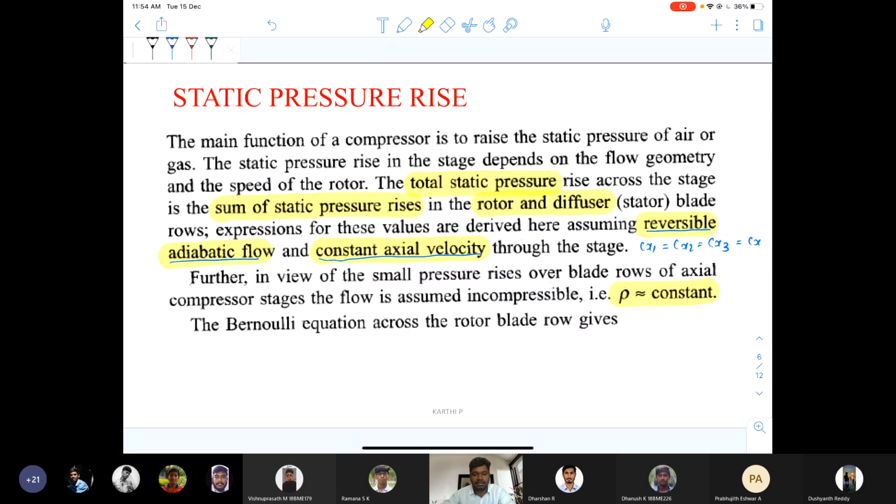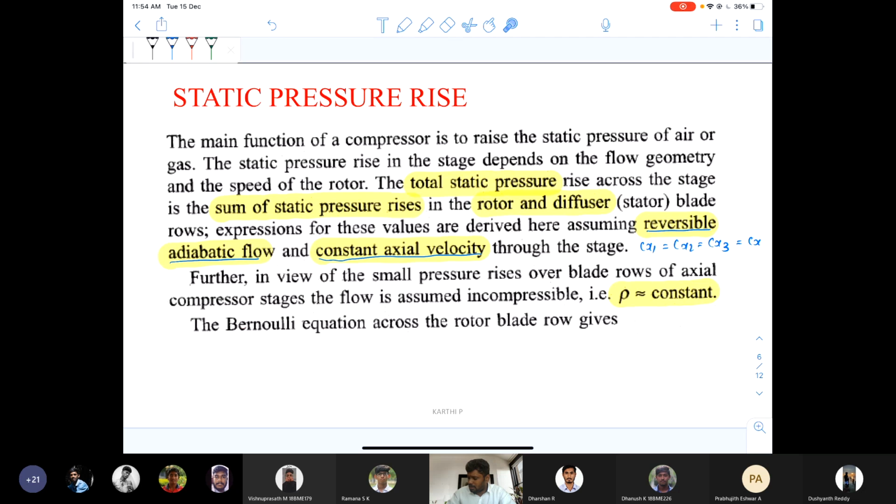So we are considering three assumptions: first, an isentropic process, that is a reversible adiabatic process; second, a constant axial velocity Cx; and third, incompressible flow, that is, constant density. We consider these three conditions for deriving the static pressure rise.